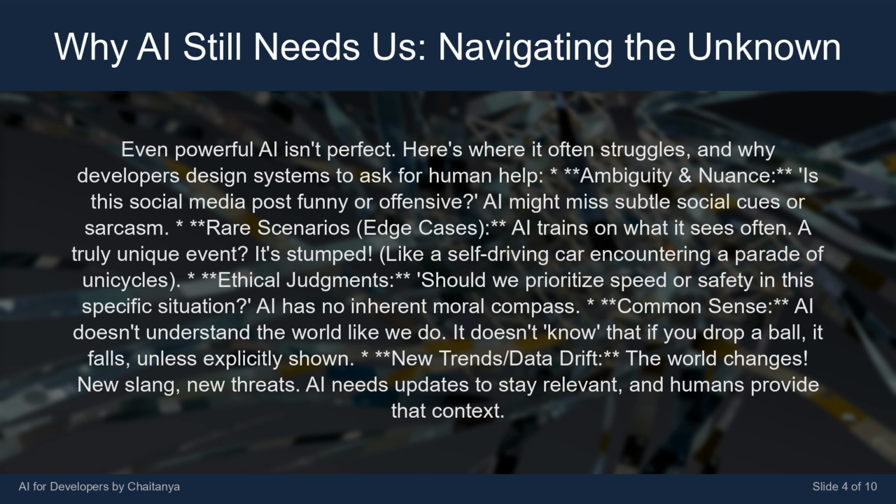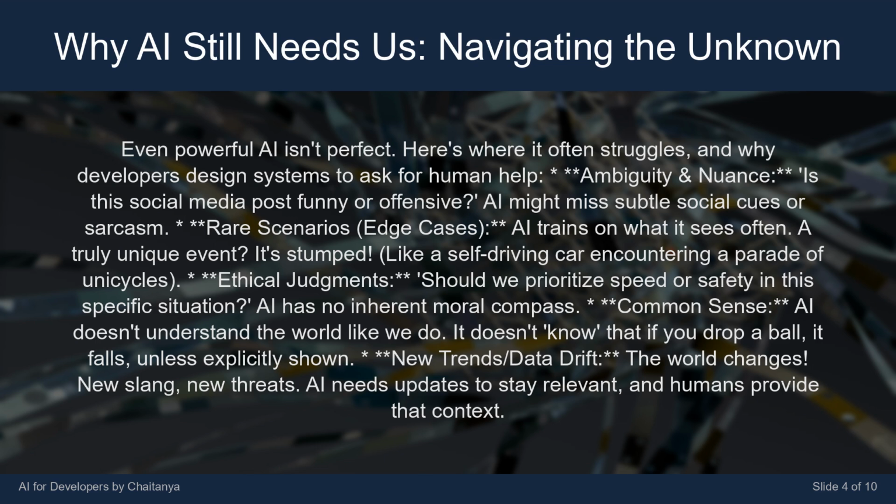Ambiguity and nuance. Is this social media post funny or offensive? AI might miss subtle social cues or sarcasm. Rare scenarios, edge cases. AI trains on what it sees often. A truly unique event? It's stumped. Like a self-driving car encountering a parade of unicycles. Ethical judgments. Should we prioritize speed or safety in this specific situation?